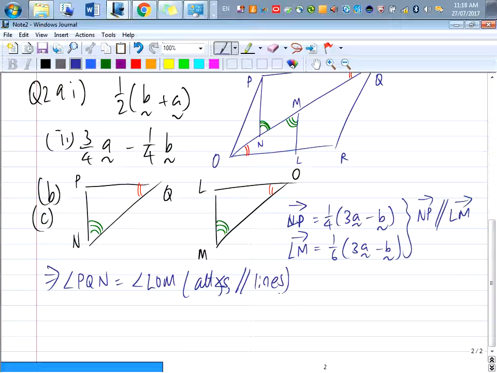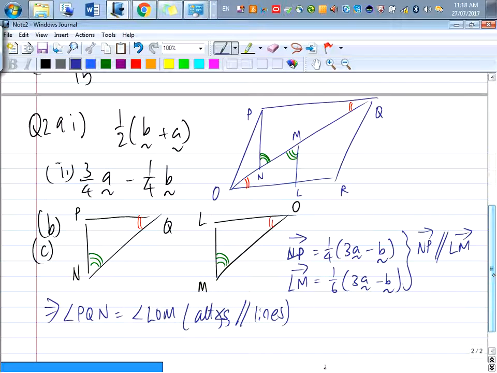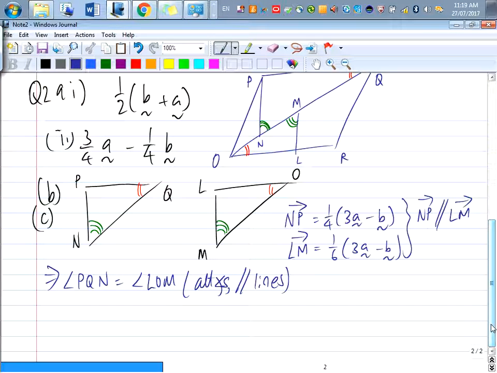Where do you see LP? Ryan. Okay, that is one angle already. The other angle is angle PNQ equals angle LMO.